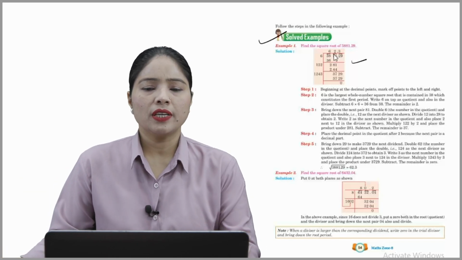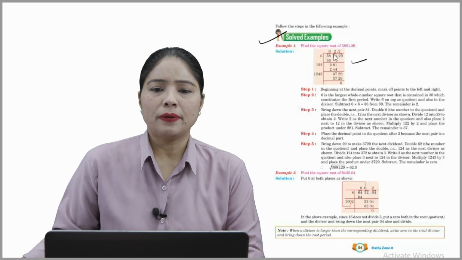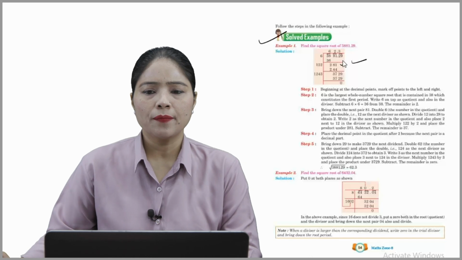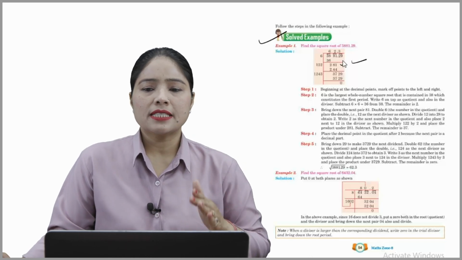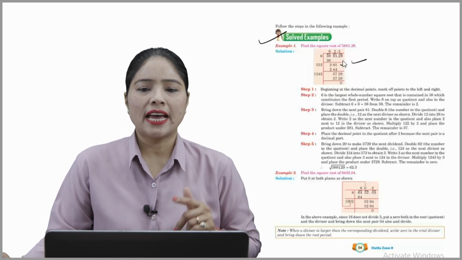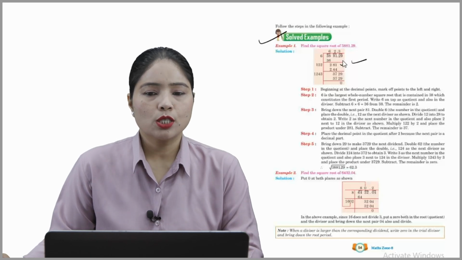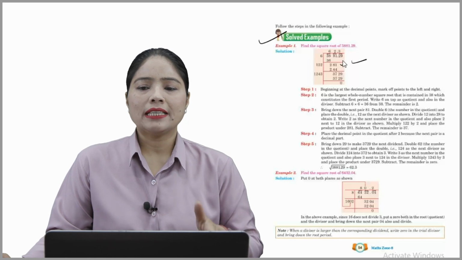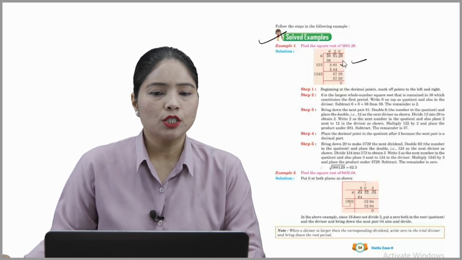Now step number 3, bring down the next pair. अब next pair हमारा क्या है 81 है, तो फिर हमने 81 को bring down किया। After that, double 6, the number in the quotient, and place the double, that means 12, as the next divisor as shown. Divide 12 into 28 to obtain 2.